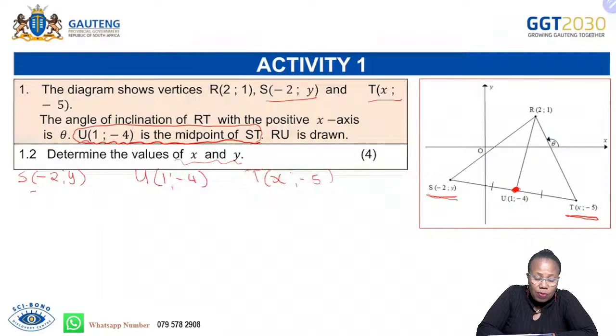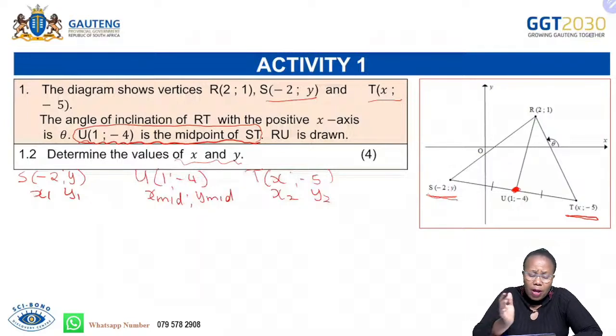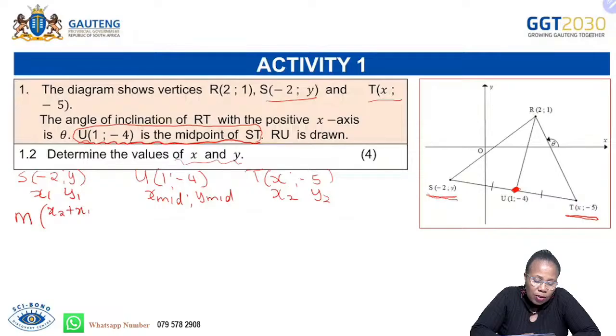Remember, this will be your x1 and y1, and x2 and y2. And because this one is the midpoint, it will be x mid and y mid. Now, Grade 12, when you look at your formula sheet, it has the formula M for midpoint: x2 plus x1 over 2, y2 plus y1 over 2.